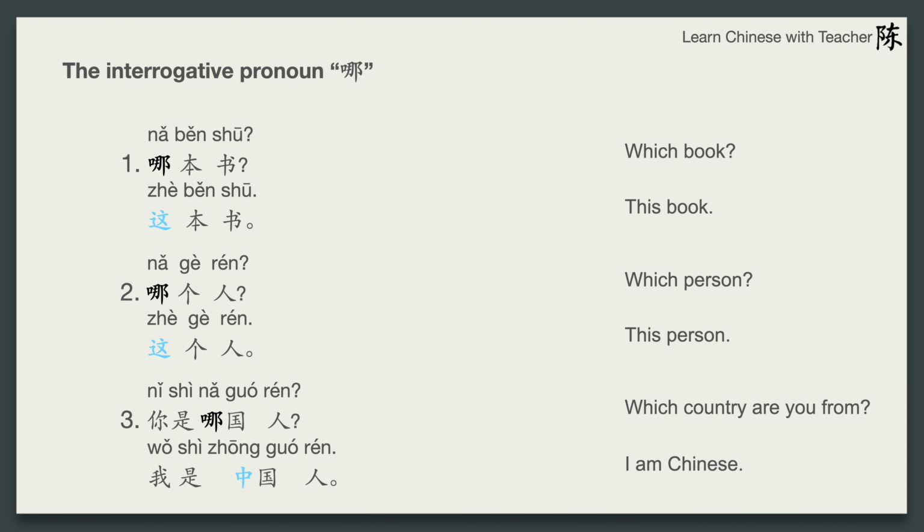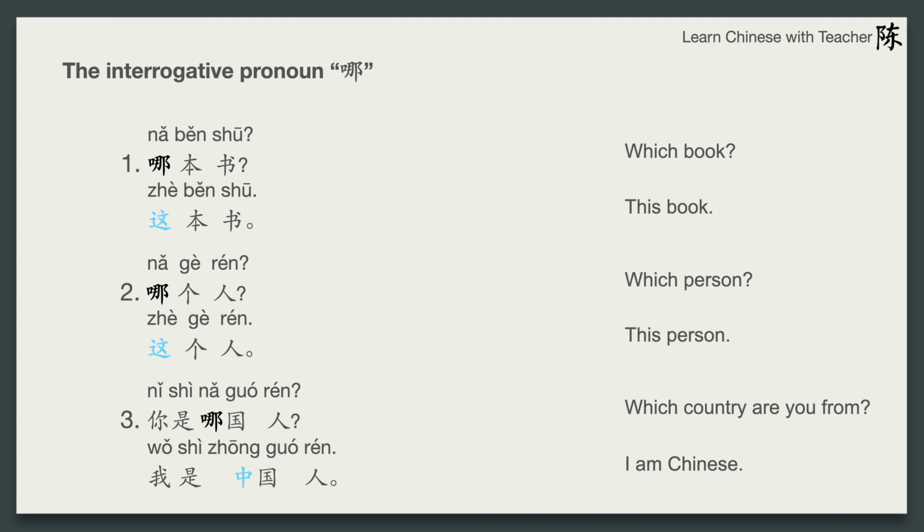The first one, 哪本书? Which book? 这本书 This book. The second one, 哪个人? Which person? 这个人 This person. Okay, these two, the word order is just like it is in English.